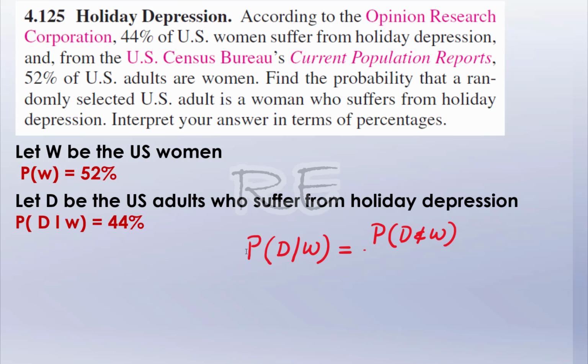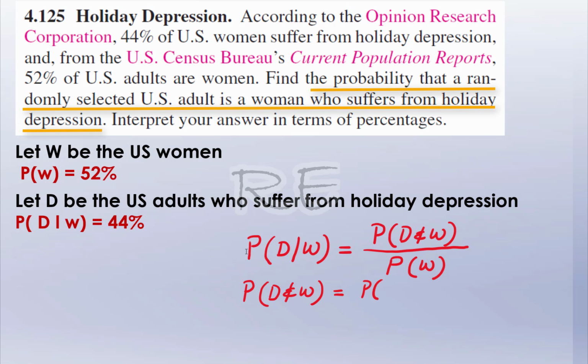44%. So the probability of suffering from holiday depression given that you're a woman is the probability of D and W, the joint probability, divided by the probability of being a woman, P of W. So the joint probability, that's what we're looking for, will be equal to the conditional probability multiplied by the marginal probability.